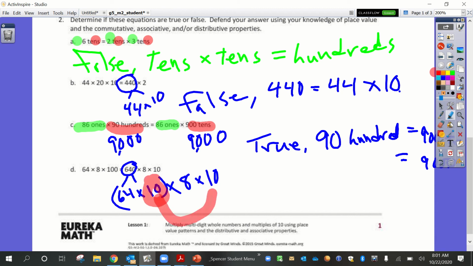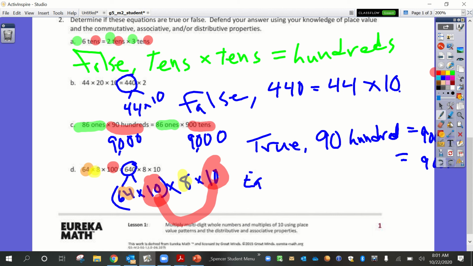So we can say 10 times 10 is 100, which then shows us that. And then we still see a 64 in our math problem. And then we also see 8 in our math problem. So these should be equal because of the commutative property.